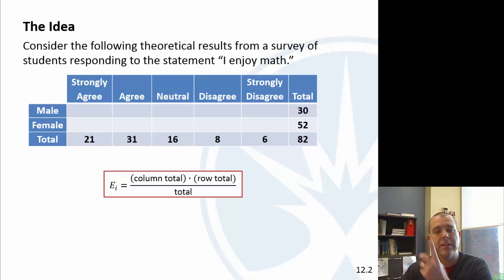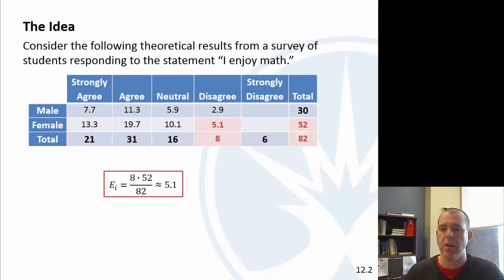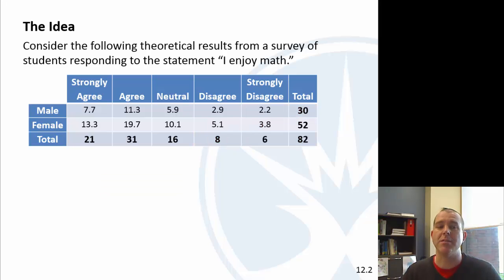So for each one, we're going to take the column total times the row total and divide by the 82. So if we scroll through here, the first one, yeah, 7.7. So 21 times 30 out of 82, 21 times 52 out of 82. And if we keep going through here, keep doing all that multiplication, this is what we would expect.